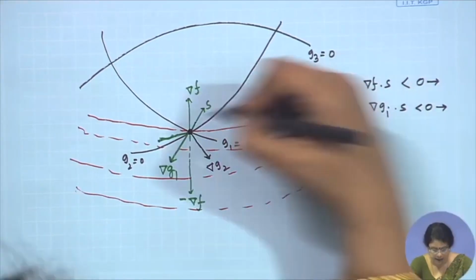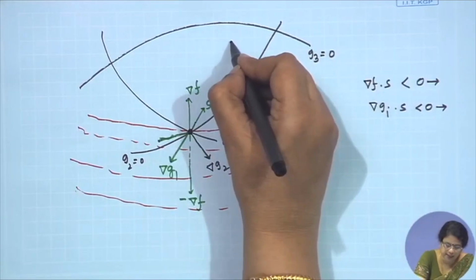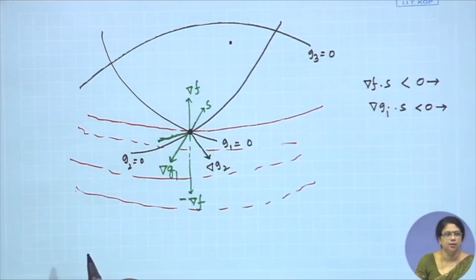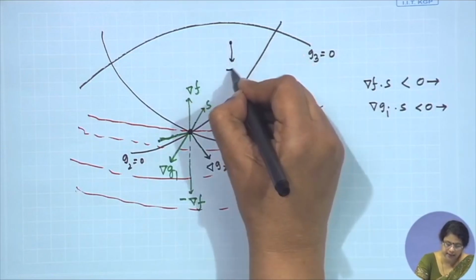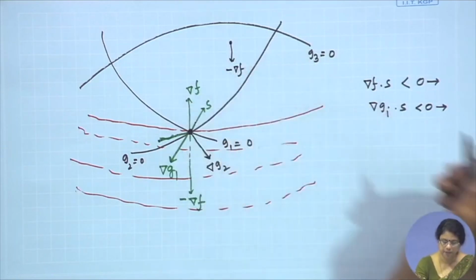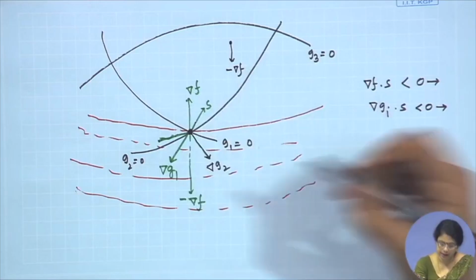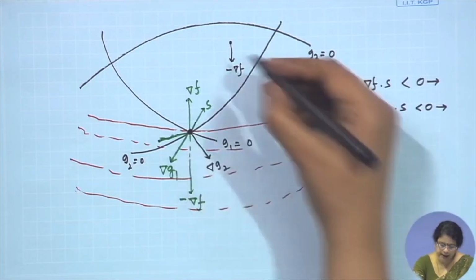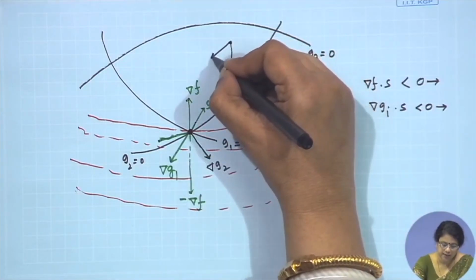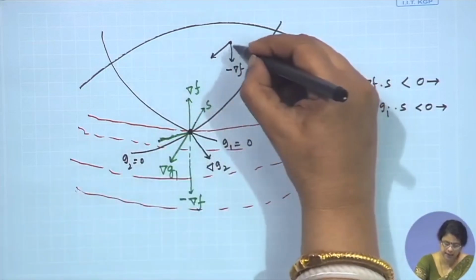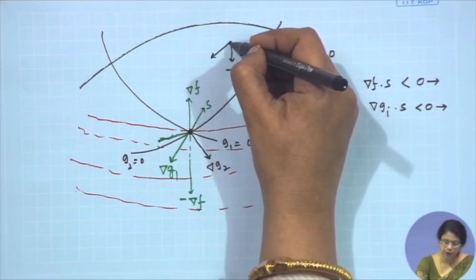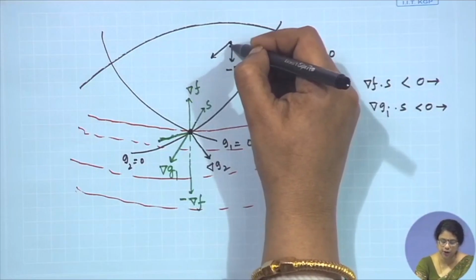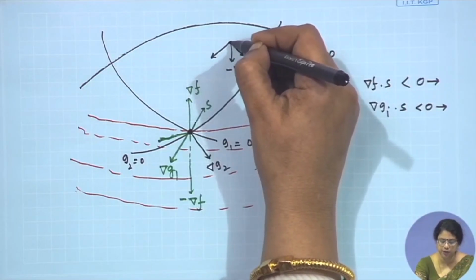All right. Instead of this point, if I consider a point here, what can we see? This is the minus grad f direction. And what about grad G1? This is the grad G1 direction. This is the grad G2 direction. That is why, what would be the feasible direction for the minimization problem from here?